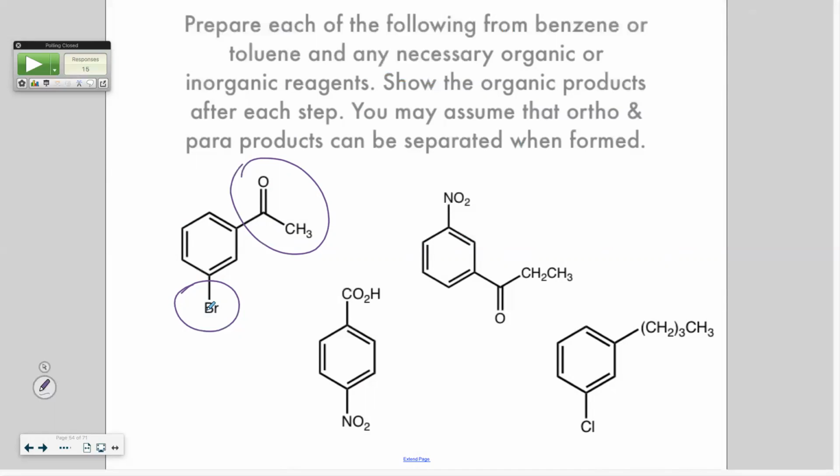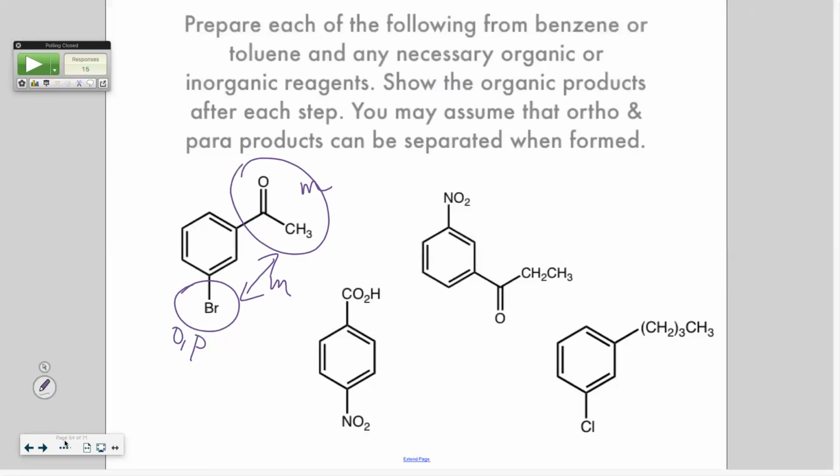What kind of director is this group? It's a meta director. What kind of director is this group? OP. What are the two groups to each other? Meta. Does that make sense? How we thought it out. They're meta to each other, so we're going to put the meta group on first.